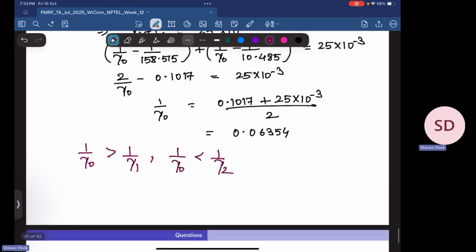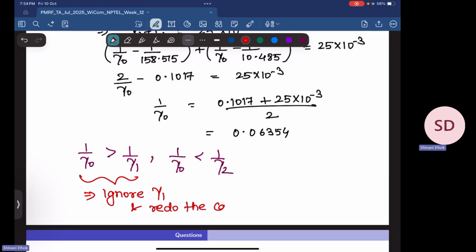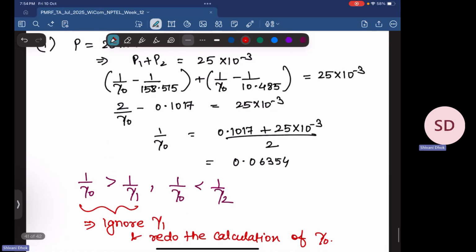So if you remember the water filling diagram that we had, we had this gamma naught and we have this gamma 1 by gamma naught. Anything that is greater than this 1 by gamma naught won't be allocated any power, which means that we need to now ignore gamma 1 and redo the calculation of gamma naught.